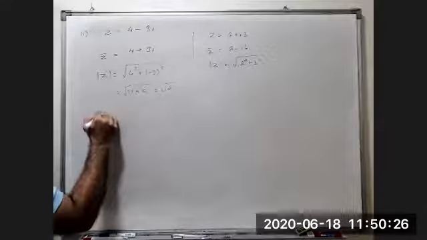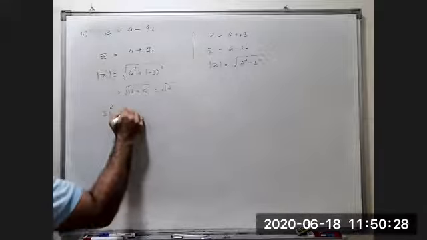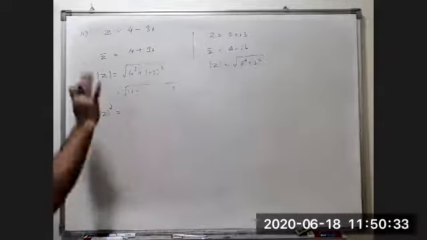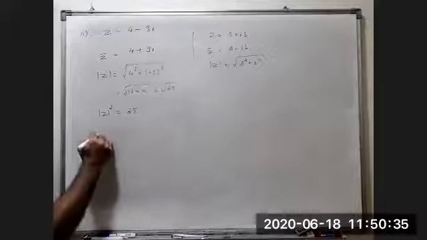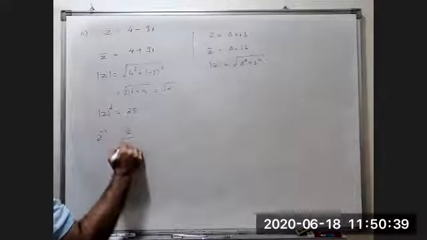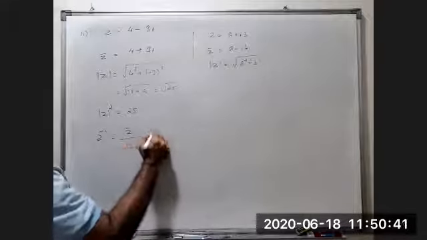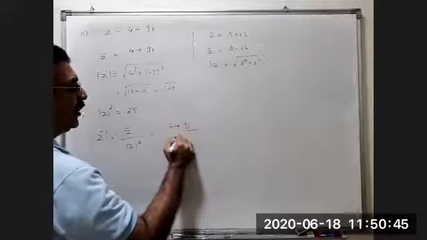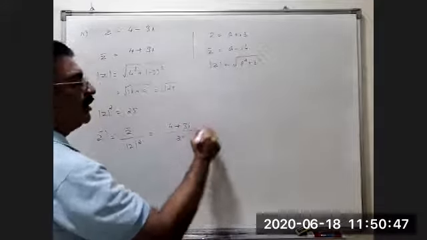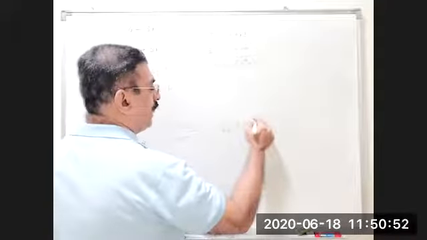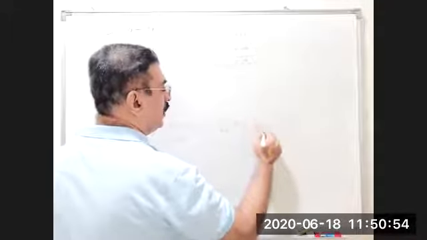Then modulus z square will be 25 because root 25, the root goes. Now z inverse is z bar by modulus z square. That is 4 plus 3i by 25, 4 by 25 plus i into 3 by 25.